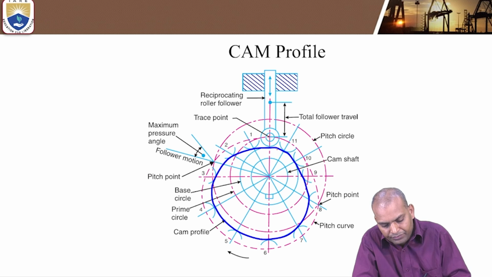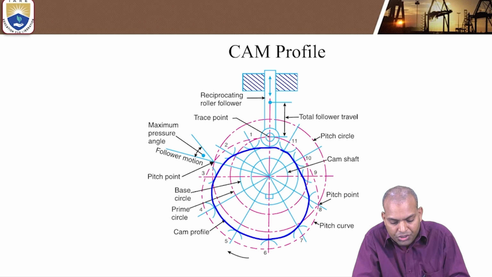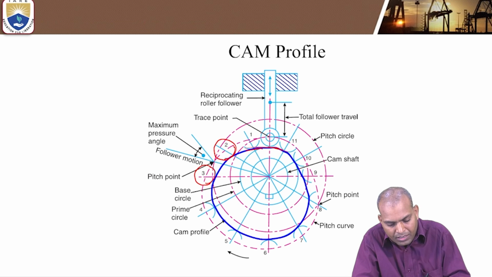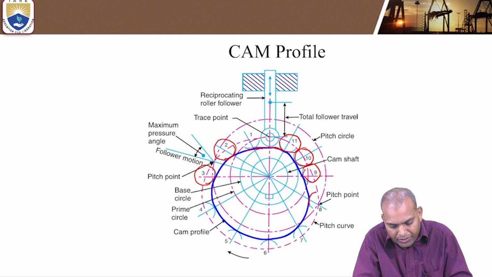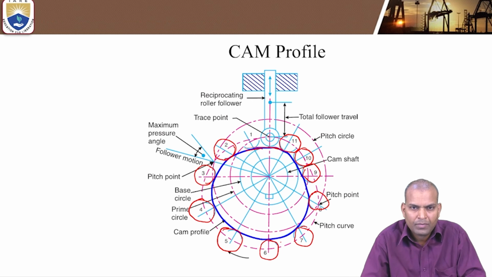This is the curve. For the case of roller followers, this is the curve we have traced, touching the circumference of all the rollers. Have you seen here? These are the rollers. This curve is traced by touching the surfaces of a roller. Here, we have drawn these rollers surrounding it.